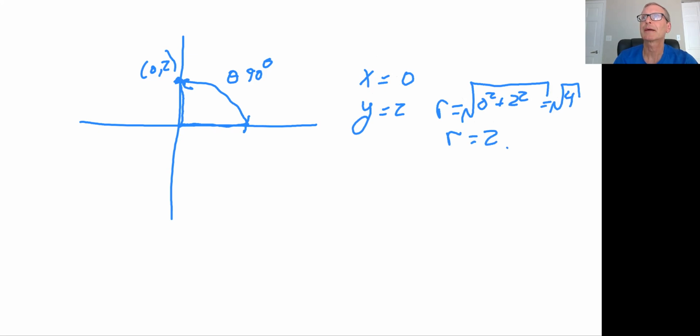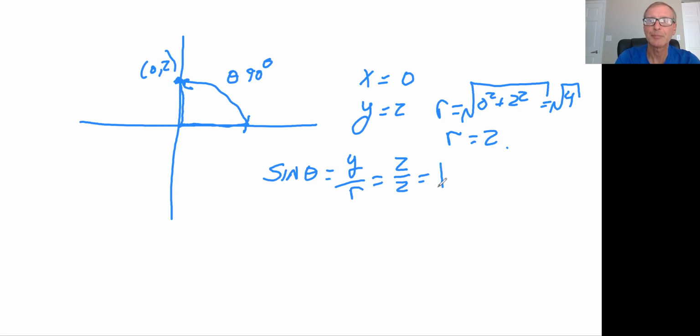So when we go back to the definitions of the trig functions, we know that sine of our angle is always y over r. And so in this case, it's 2 over 2, and that would be 1.